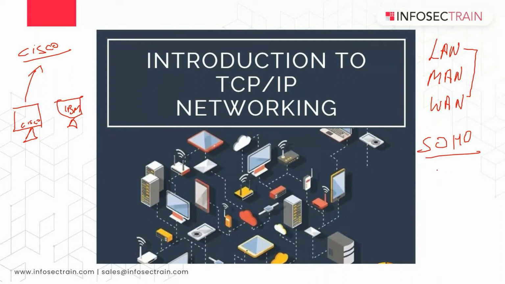It can be in a room as well, or a building as well. So let's say there is a building, it has three floors. On all three floors, there is the same company's office. So all those floors are connected with each other. That is also a local area network created. Outside that building, the network will not stay a local area network.